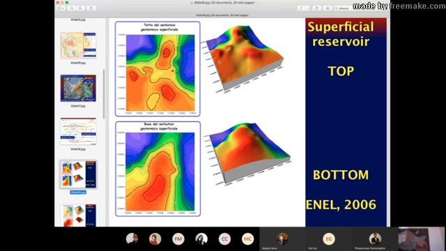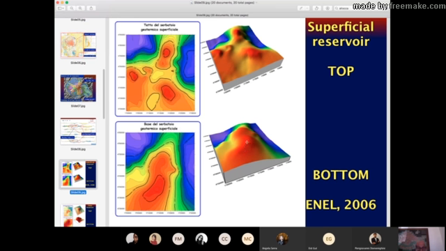And on the south, you have this area, and this area, which are actually the geothermal fields of Piancastagnaio and Bagnore, here to the southwest. And on the second slide is the bottom of the superficial geothermal field.